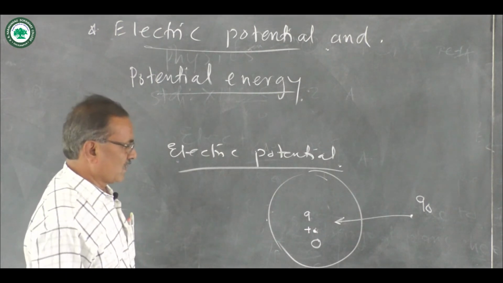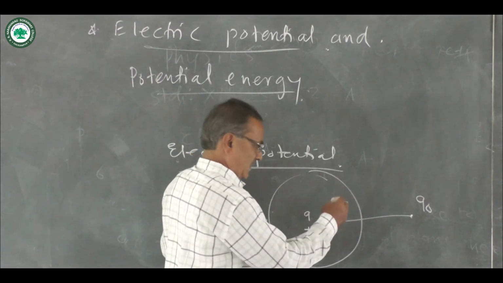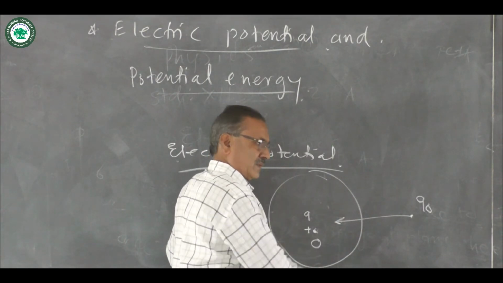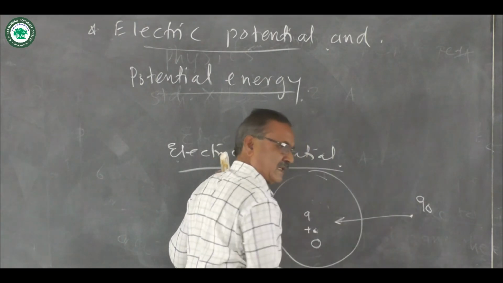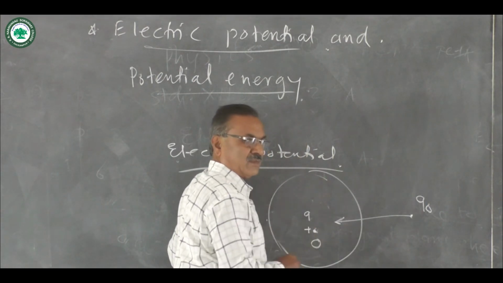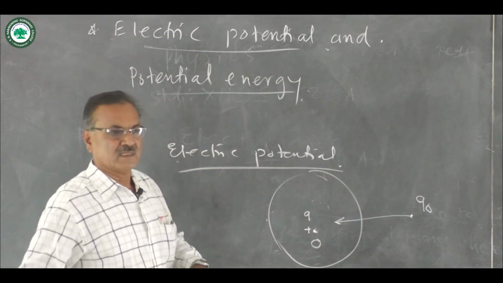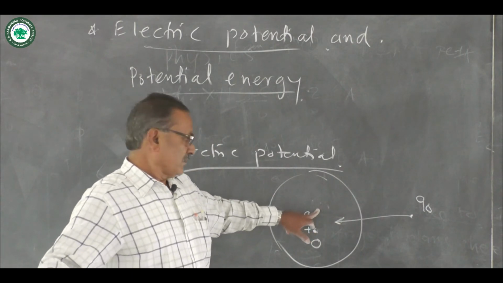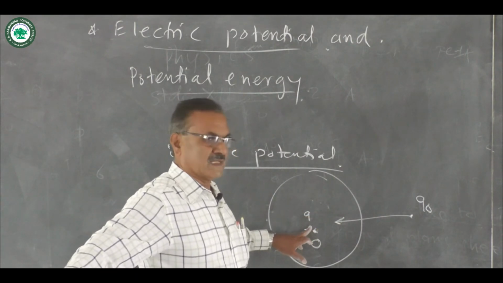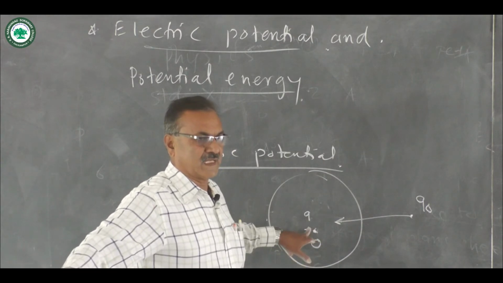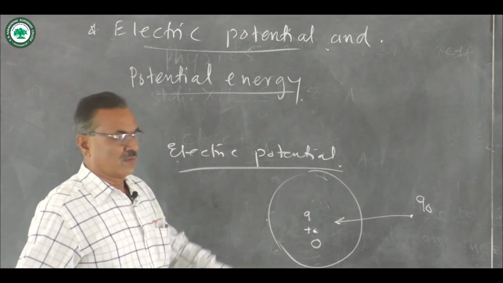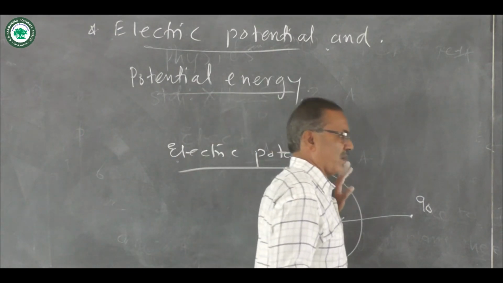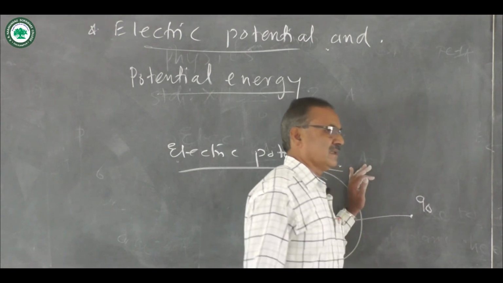So in bringing the charge Q0 into the surrounding space of the charge Q, work is done against the field produced by charge Q which is placed at point O. Now this work is stored in the form of potential energy in the system.